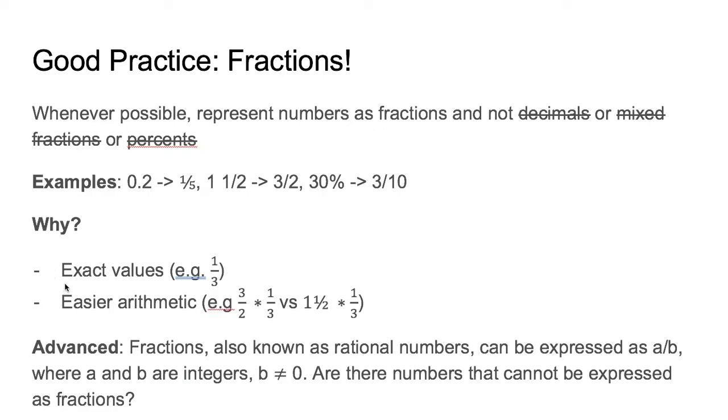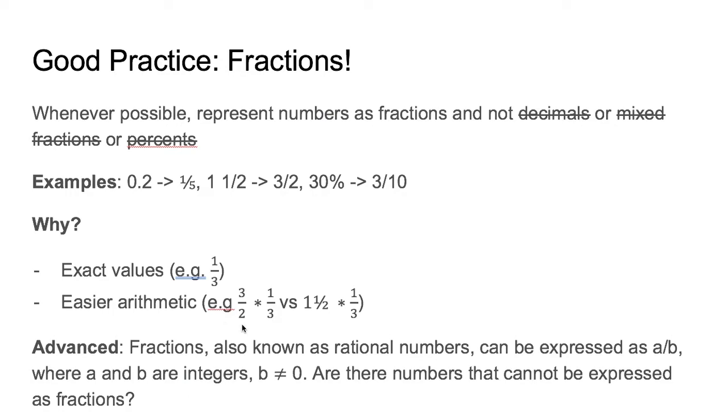First is that in fractions we can express exact values, whereas in decimals we can't. For example, 1/3 is an exact value, versus in decimal representation, we would have 0.33333 repeating forever, but that's not an exact representation, no matter how many 3's that we have. Second reason is that fractions allow us to do easier arithmetic.